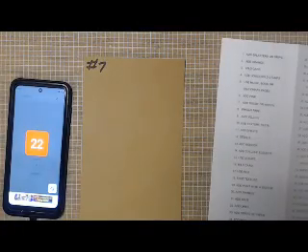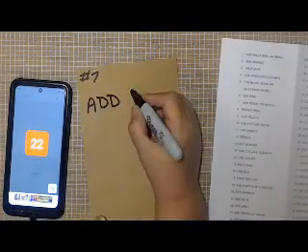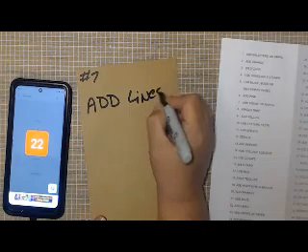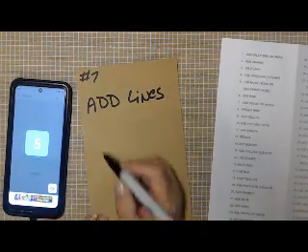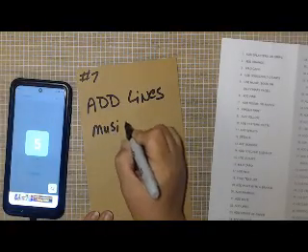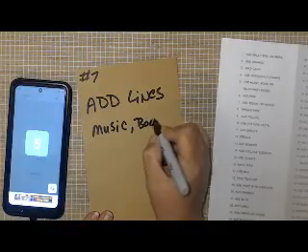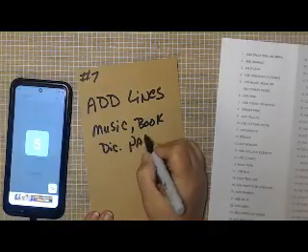Number 22 on our list is add lines. That one hasn't been out in a while. The next one up is number 5, which is music, book, or dictionary pages.